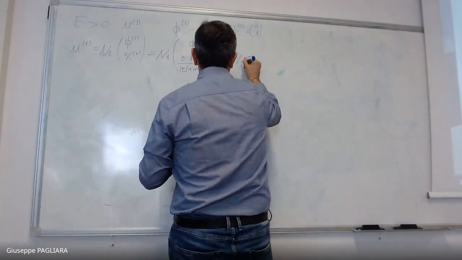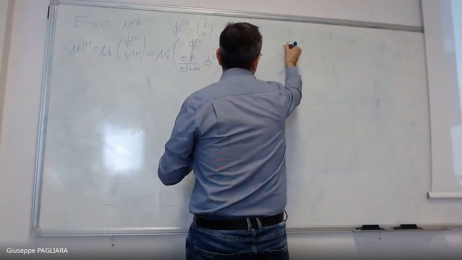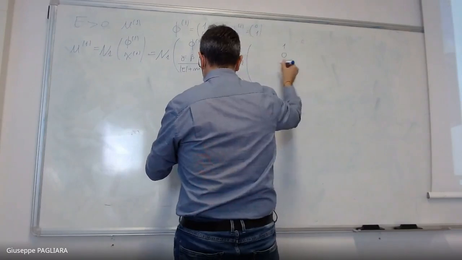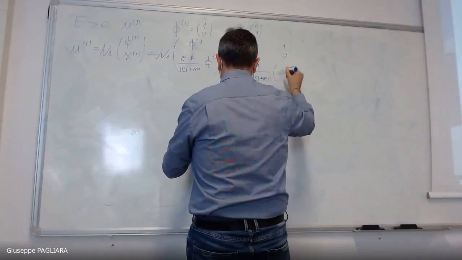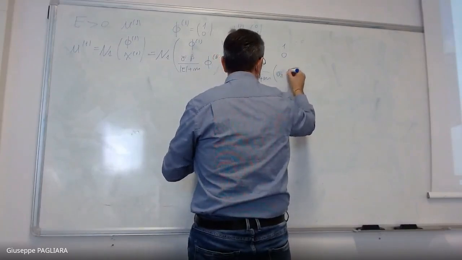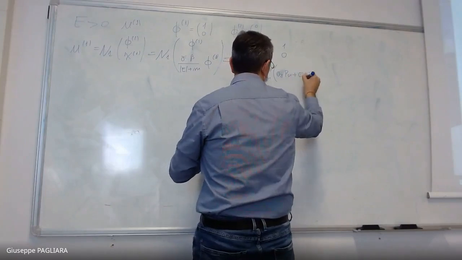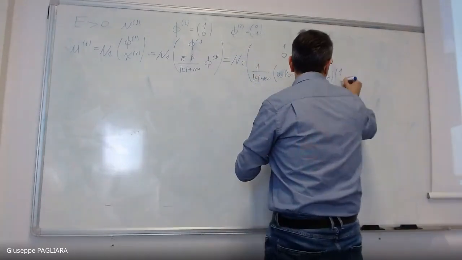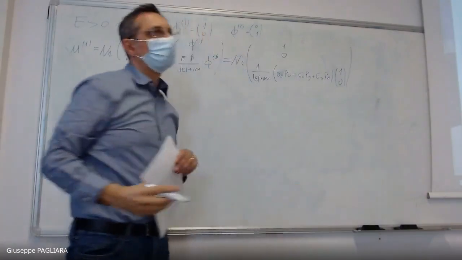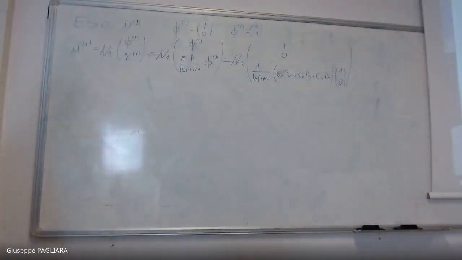So this is N1, and here we have (1, 0). Now 1 divided by E plus m multiplies sigma 1 px plus sigma 2 py plus sigma 3 pz acting on (1, 0).